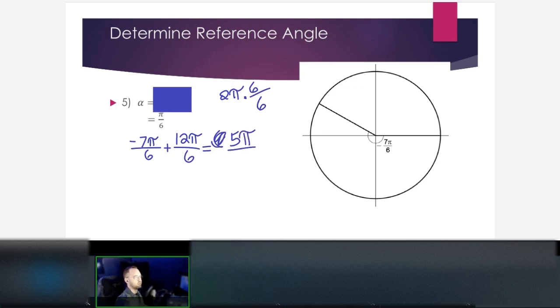Five pi over 6. Okay, there we go. So that means that this angle from here to here is 5 pi over 6. I told you guys, I have a hard time dealing with negatives. Adding, subtracting negative numbers is like my weakest math. Go figure.